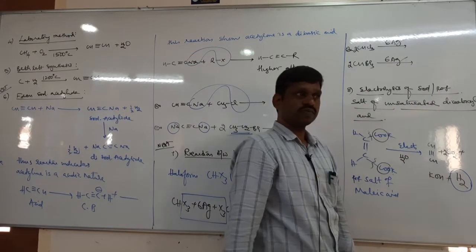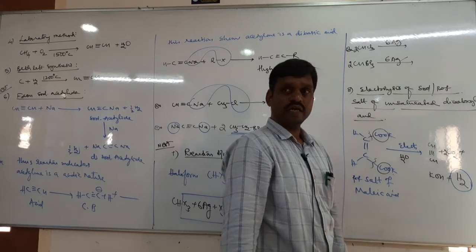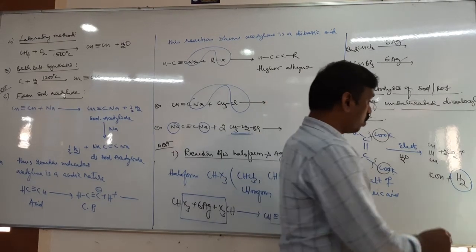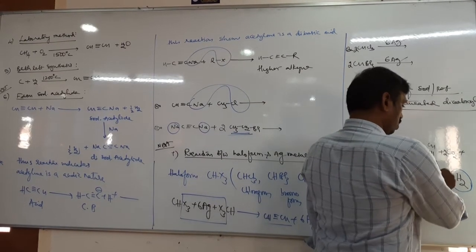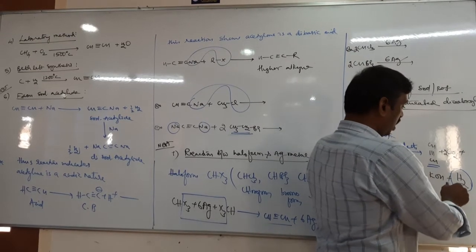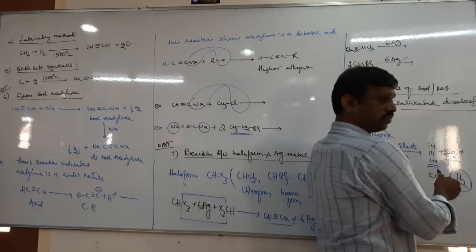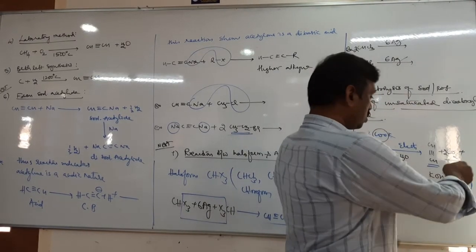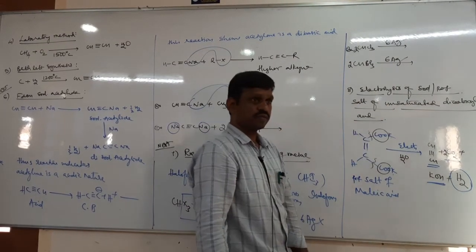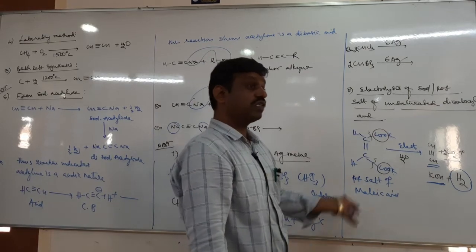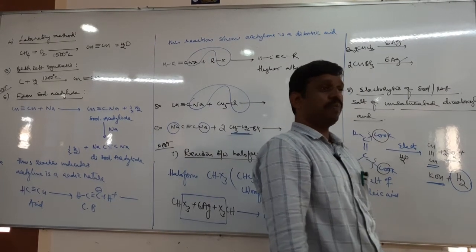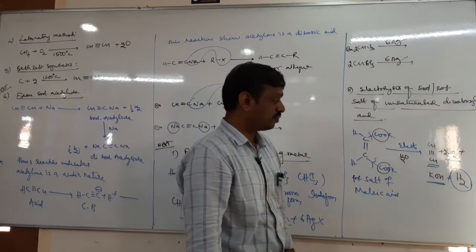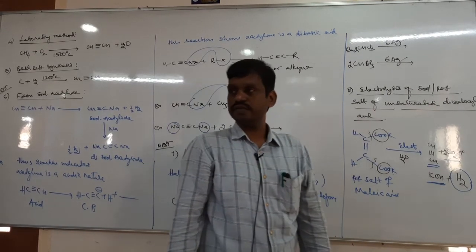H plus is at cathode, and at anode, alkyne, acetylene, and CO2 also. And KOH is actually K plus combined with OH minus. KOH is formed. Then what is the resulting solution? Basic. pH is greater than 7.